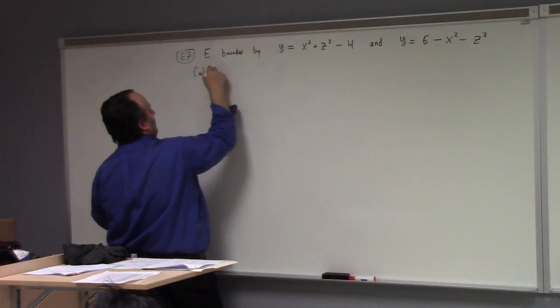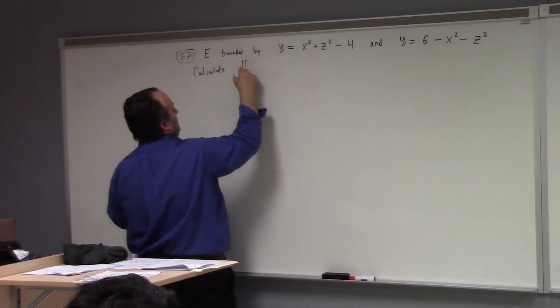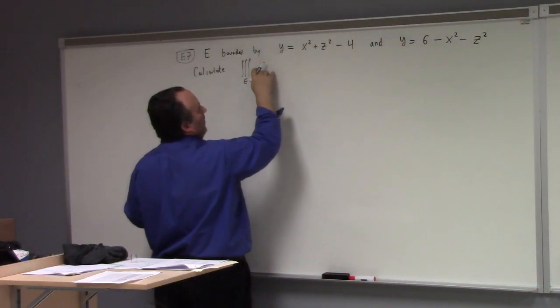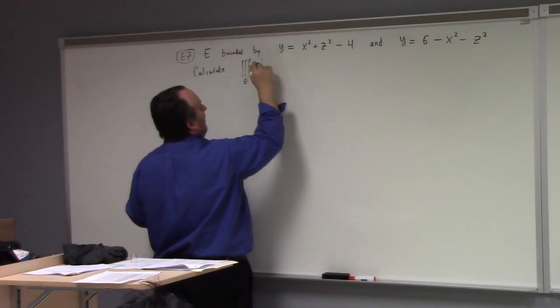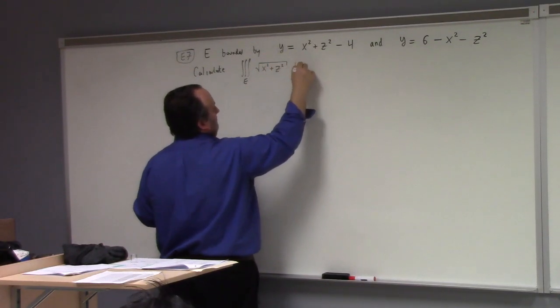Calculate the integral over E of, I don't know, the square root of x squared plus z squared dV.